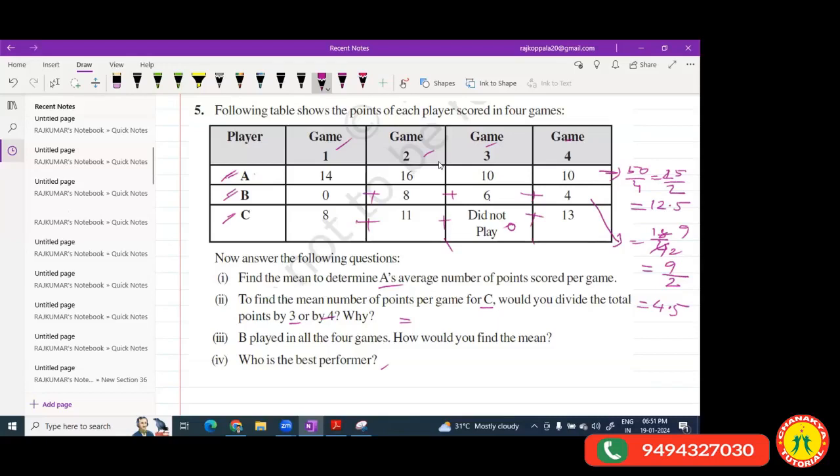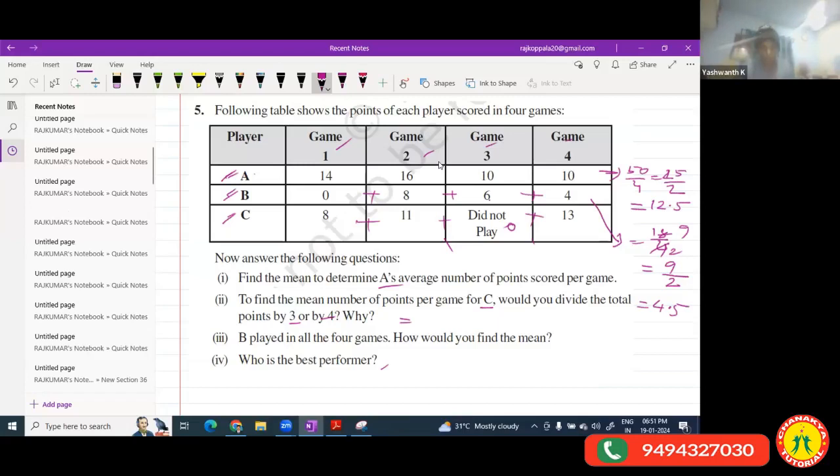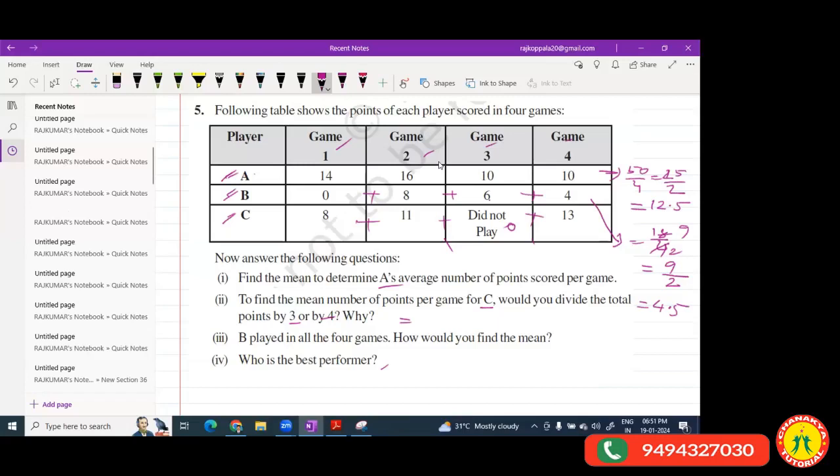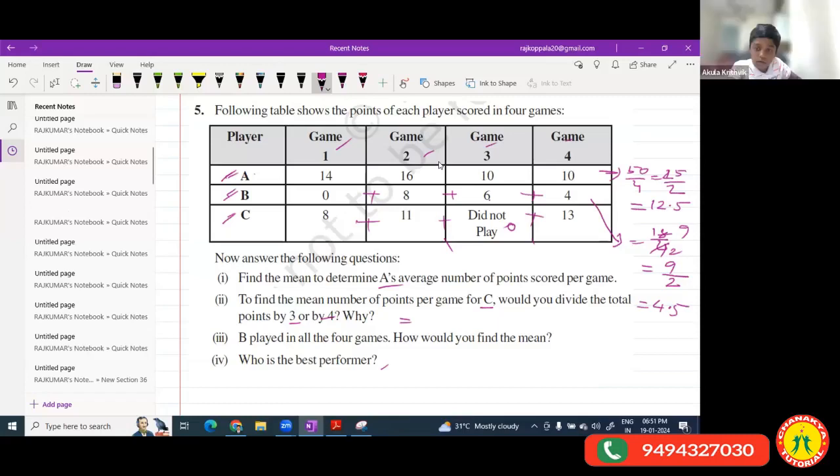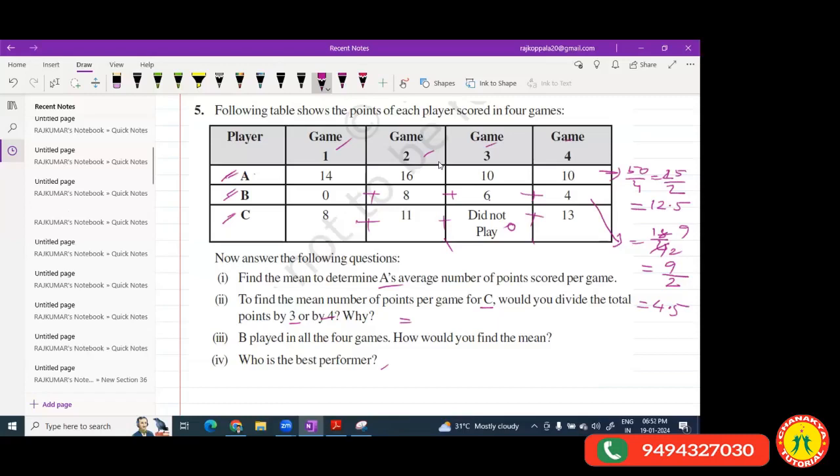Numerator is the sum of observations. Denominator is the number of observations. So what did you get in the numerator and denominator after adding all those observations? So 50. No, 50. 51. 8 plus 11, 19. So 19 plus 0, 19. 19 plus 13, 32. How did you say the answer 8? 32 by 4. 4 ones are 4, 4 eights are 32. So 8.